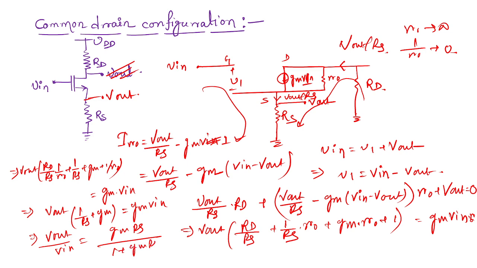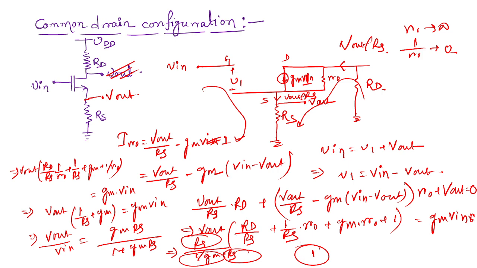Now if you take common GM in both numerator and denominator, it becomes RS by 1 by GM plus RS. So to remember this formula, just remember: total source resistance divided by 1 by GM plus total source resistance. Generally the value of RS is much greater than 1 by GM, so the gain becomes almost 1, so it becomes a voltage follower circuit.